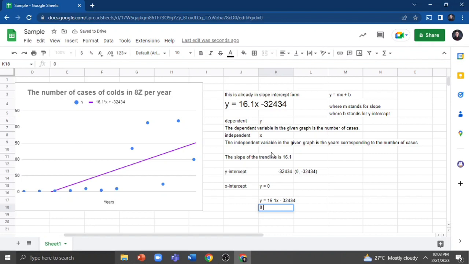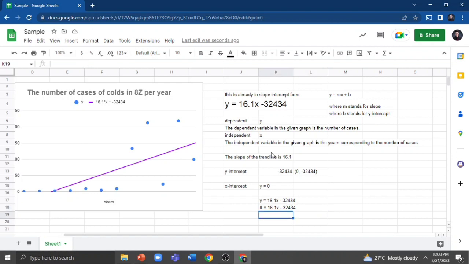I will transpose the y-intercept, or basically add to cancel it out, so that you'll have 32434 on the other side, and then you're going to have 16.1x.